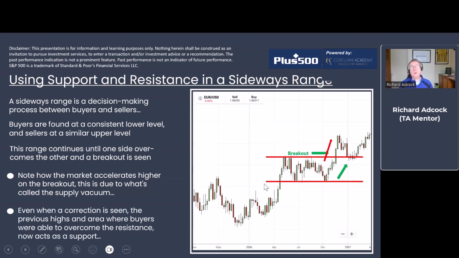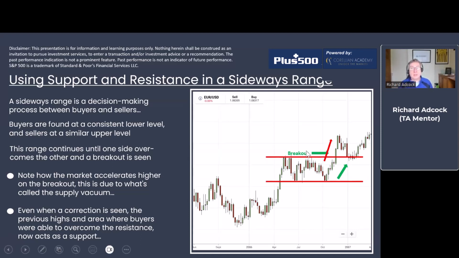And even when a correction is seen, you'll note in this example, when a sell-off did occur as a correction towards this recent upside move, it was the old highs and the previous sideways activity where buyers again were found. So effectively, this old resistance level became support where buyers are then active, and that looks to then push the market higher because the old resistance line has acted as a support point.